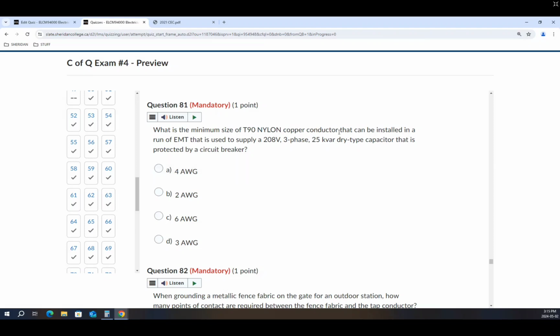What's the minimum size of T90 nylon that can be installed in a run of EMT that is used to supply a 208 three-phase 25 kVAR dry-type capacitor? So I need to get my ampacity.